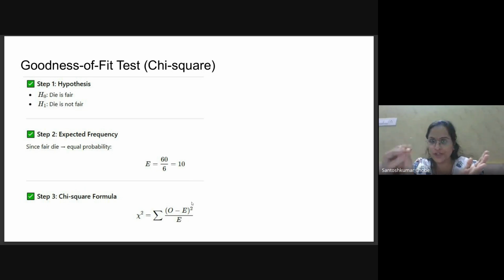I hope you have understood the difference between the observed frequency and the expected frequency. The observed frequency is the one which I observe when I do the experimentation. So I actually roll the die 60 times and I note down the output of every roll.